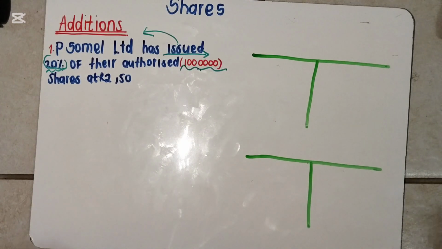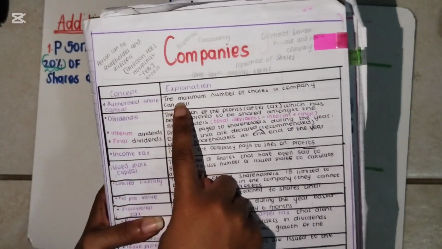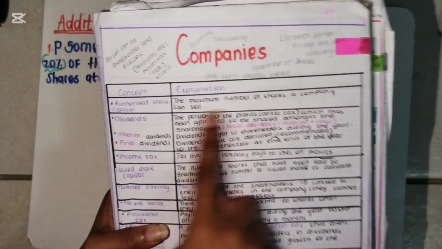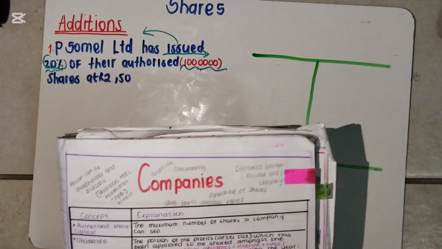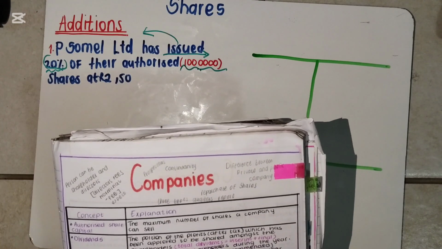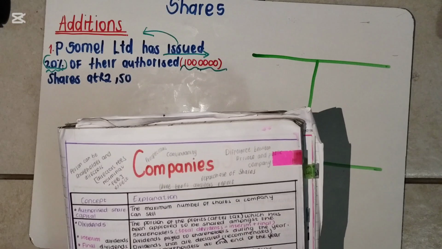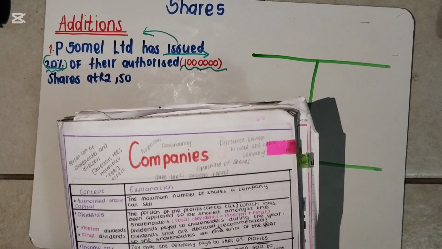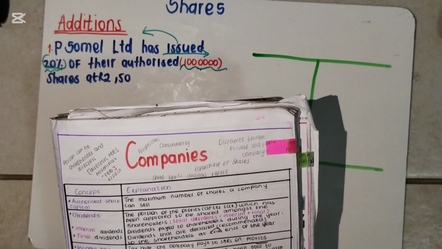Authorized share capital is the maximum number of shares that a company can sell. This is the number of shares that we can offer to the public. So as a whole, how many shares can we sell to the public? It's the total amount, but not all of them are always issued. Some of them are still authorized but not issued. So let's continue with what we were doing.